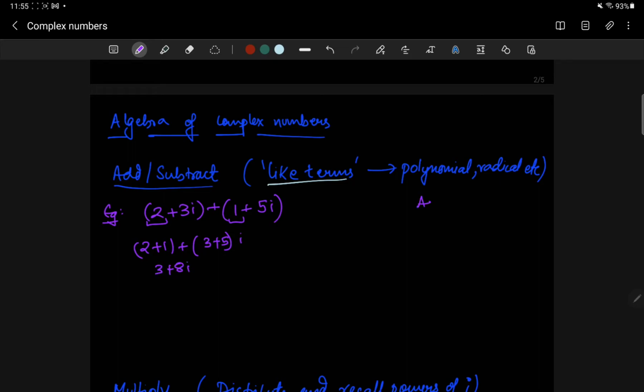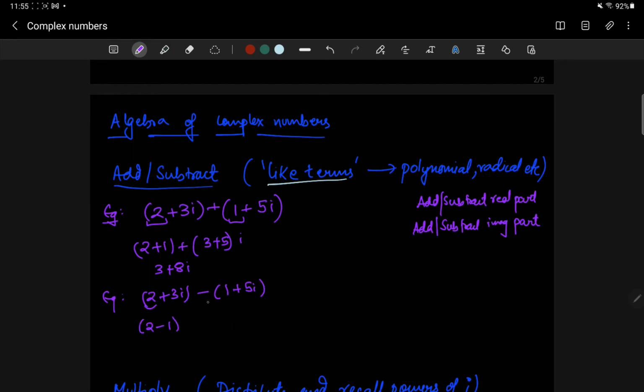So you add or subtract the real parts, and you add or subtract the imaginary parts. Same example, if you were subtracting 2 plus 3i minus 1 plus 5i, this is going to be 2 minus 1, that's the real part, and 3 minus 5, which is the imaginary part.